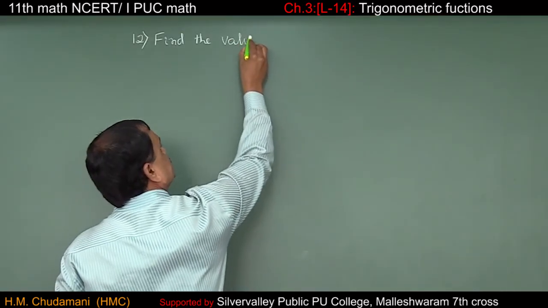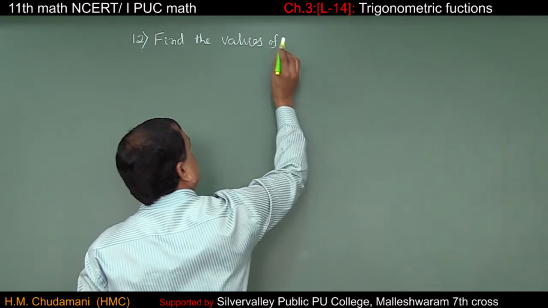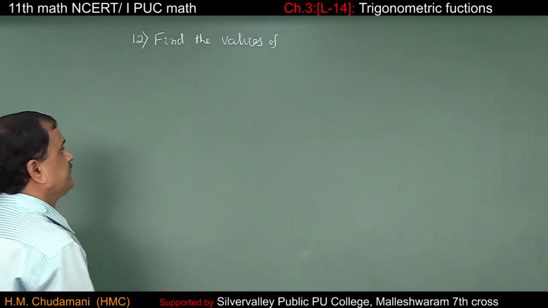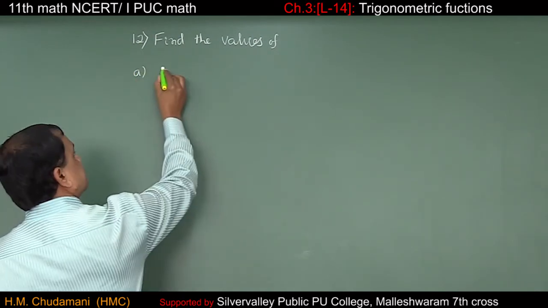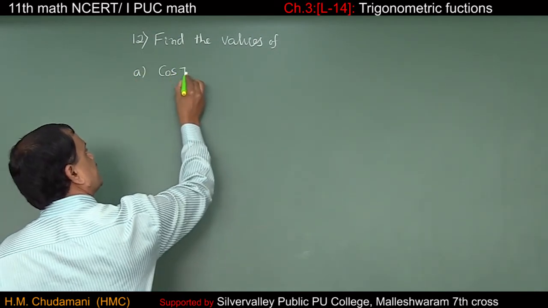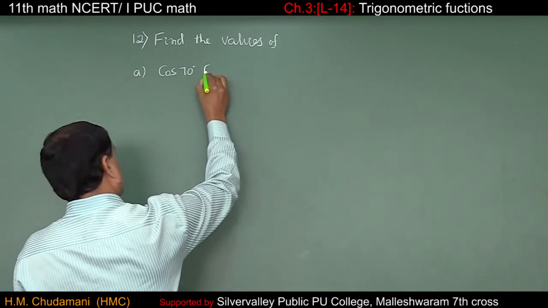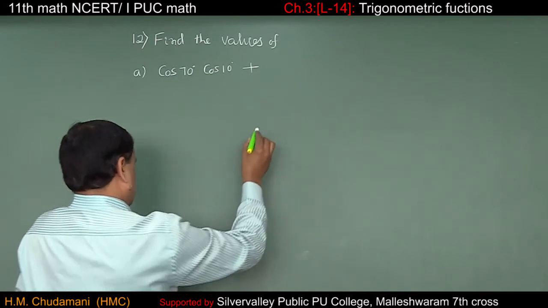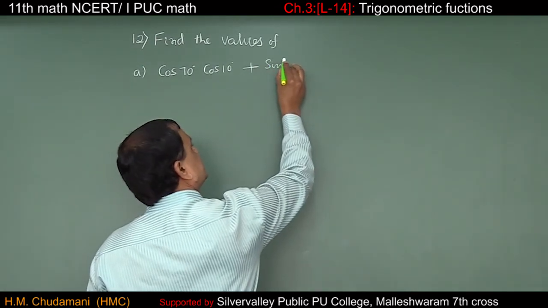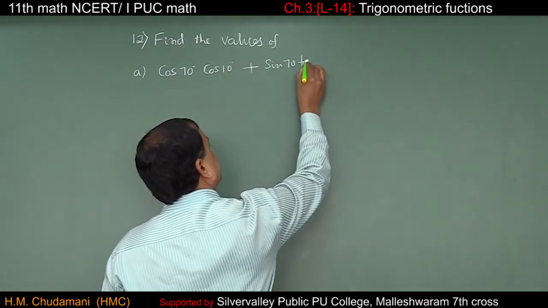Find the values of the following. Under that, A: cos 70 degrees into cos 10 degrees plus sin 70 degrees into sin 10 degrees.